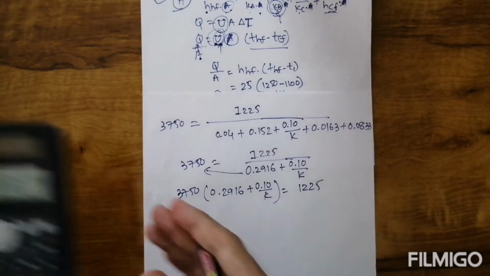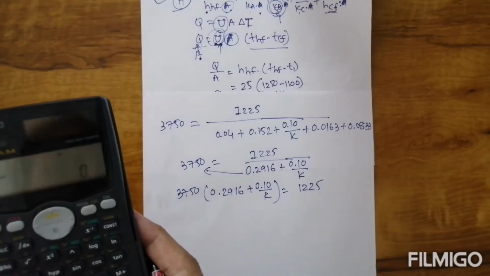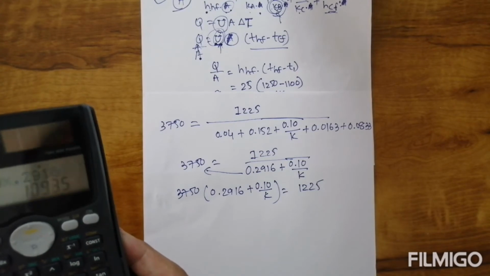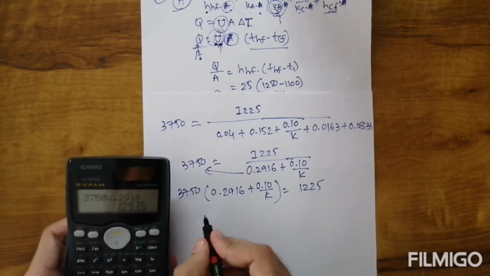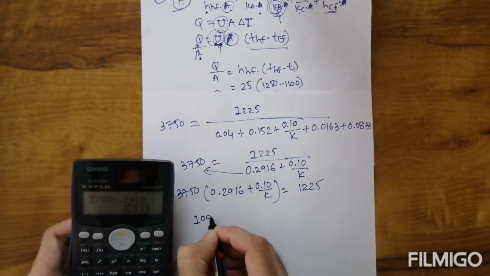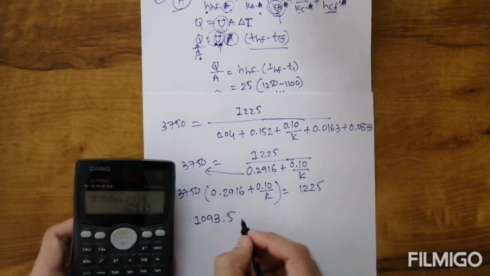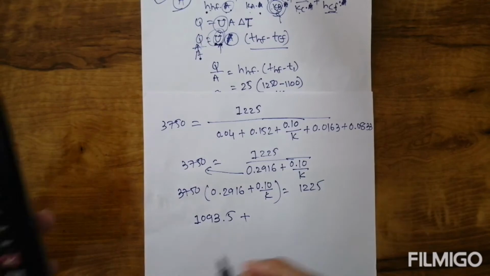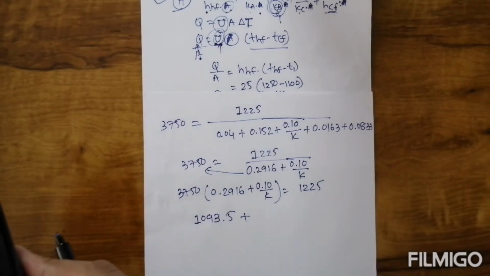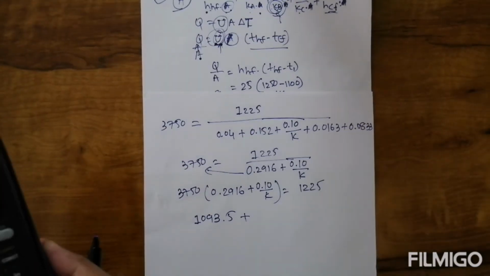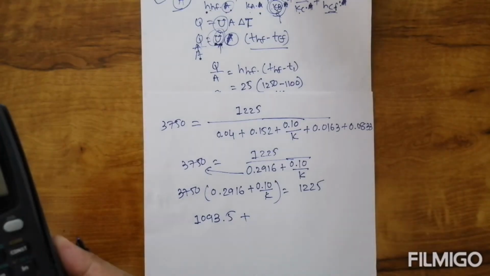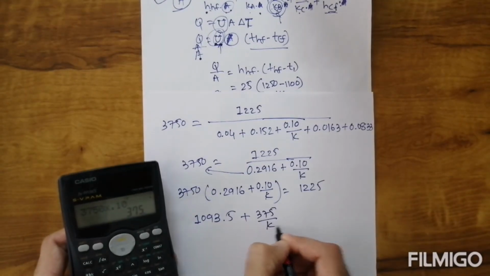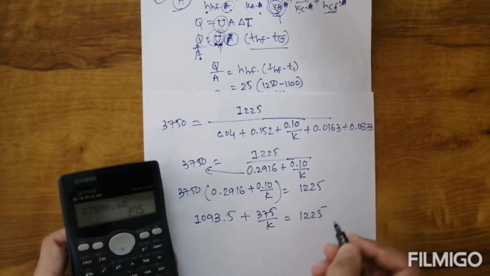Now the bracket will be removed: 3750 multiplied by 0.2916 is 1093.5, plus 3750 multiplied by 0.10, which is 375 divided by K, is equal to 1225.